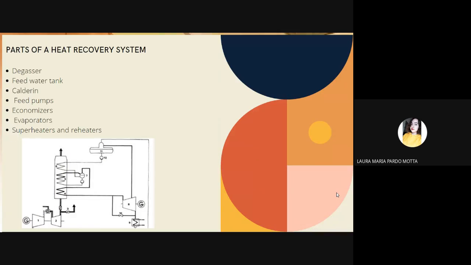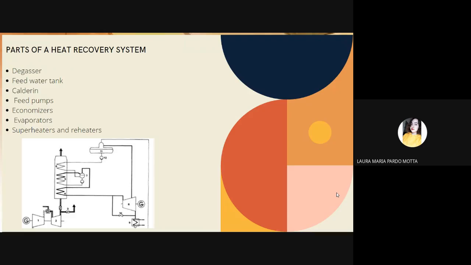The parts of a heat recovery system are the deaerator, feed water tank, boiler feed pumps, economizer, evaporators, superheaters, and reheaters. The deaerator is responsible for eliminating the gases dissolved in the feed water, mainly oxygen and other gases that could cause corrosion.